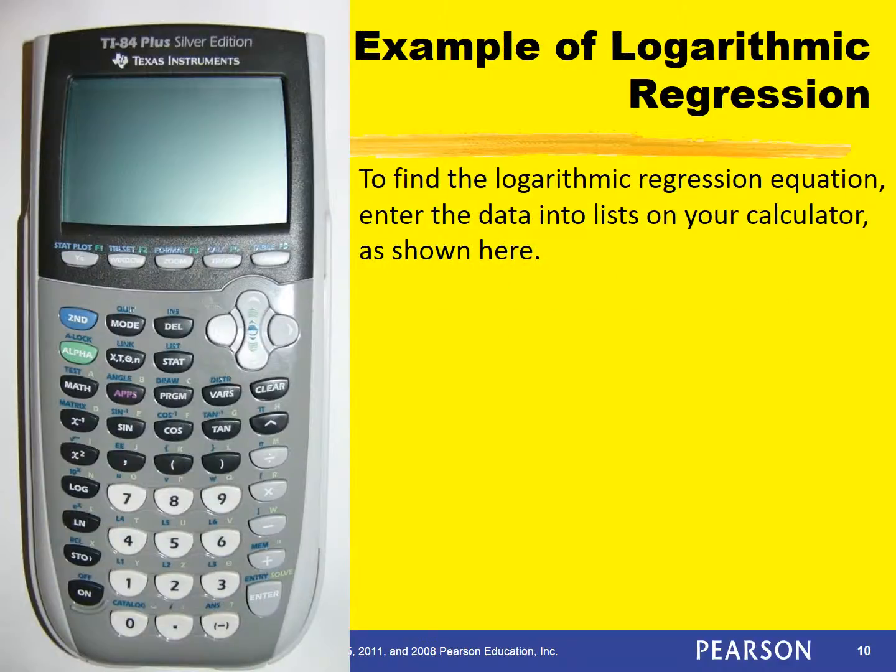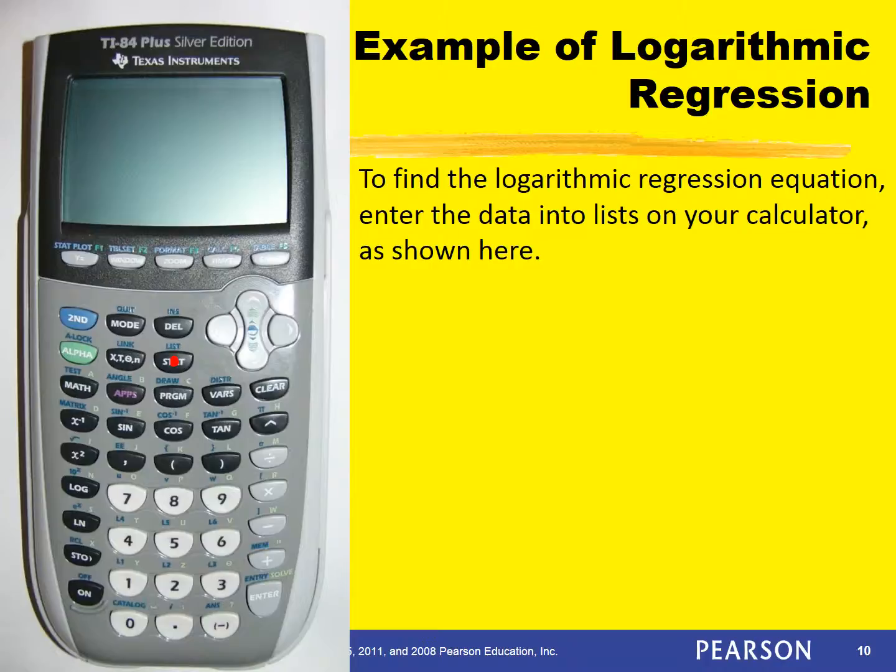To find the logarithmic regression equation, enter the data into lists on your calculator as shown here. Okay, so we're going to go stat, okay, and then the cursor's going to be right there at edit, and then you can input the data.